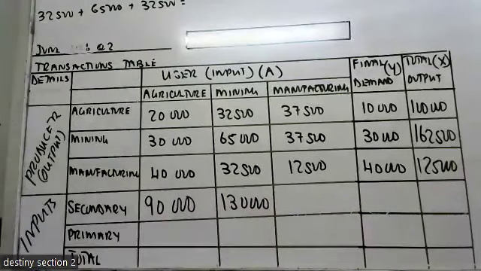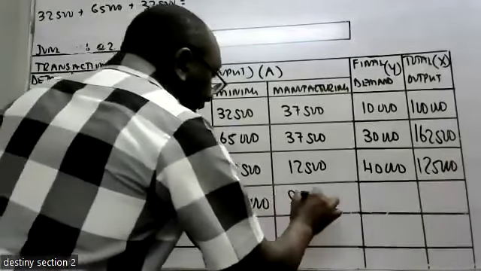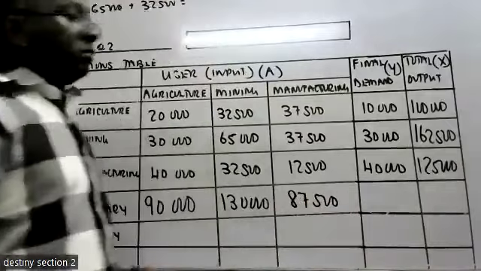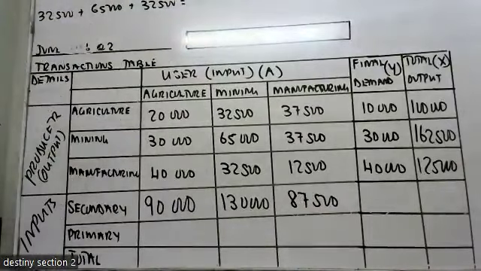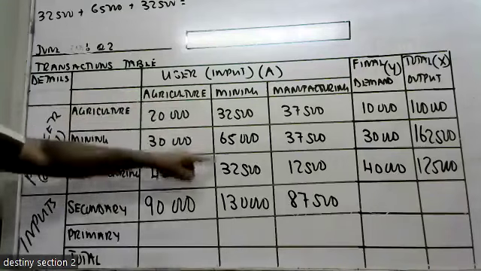The same case you say that 7.5 plus that 7.5 plus 12.5 is equal to 87,500. Yeah. So that is how you get the secondary input. The secondary input, you get them by adding these three.